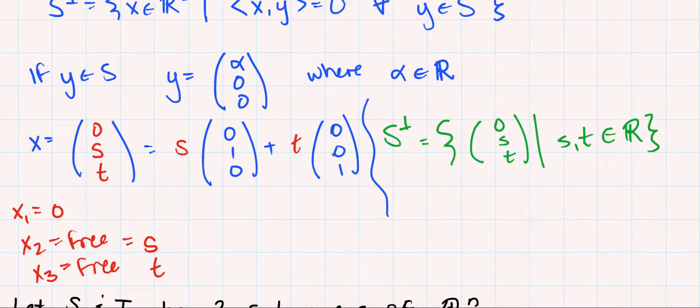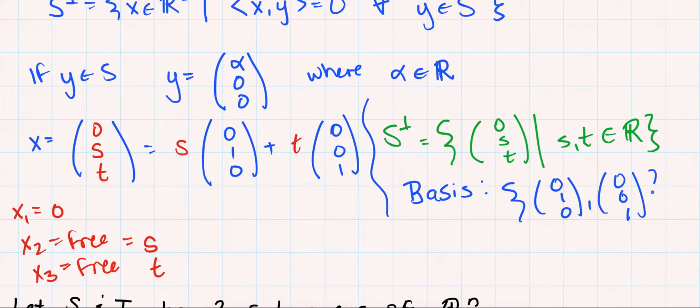So these two vectors are linearly independent, and you can see they span all these vectors here. So our basis is (0, 1, 0), (0, 0, 1), and S perp is the span of these two basis vectors.